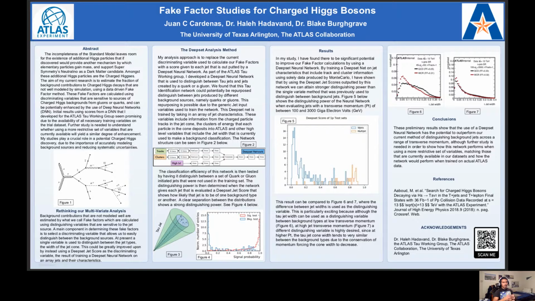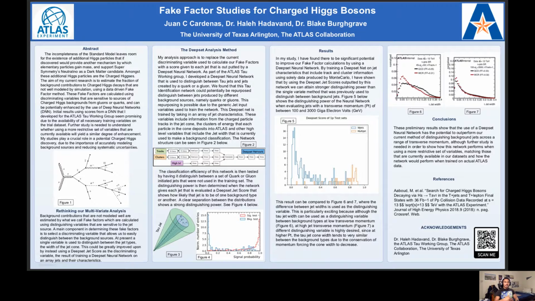So this network learns to distinguish between types of background jets in a sort of trial and error process where jets of each type are inputted, and it makes a decision as to what kind of jet it is based on the inputted jet characteristics. And each time it's wrong, it makes a correction and continues.